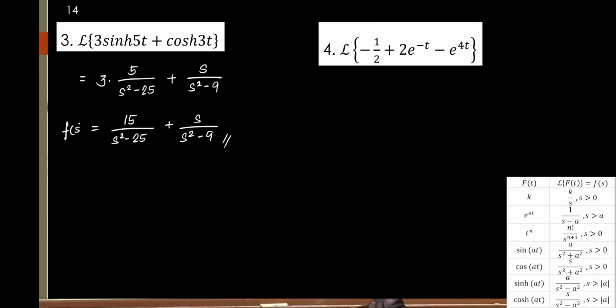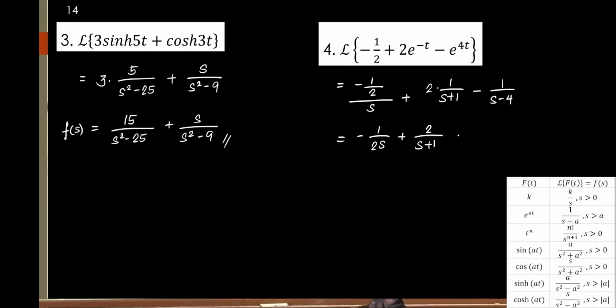That is the function of s. Next, please. Negative 1/2 all over s. That's correct. All right. So when we rewrite this, I can say that's negative 1 over 2s plus 2 over s plus 1 minus 1 over s minus 4. That's correct. This is your function of s.